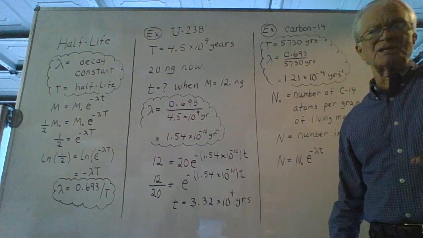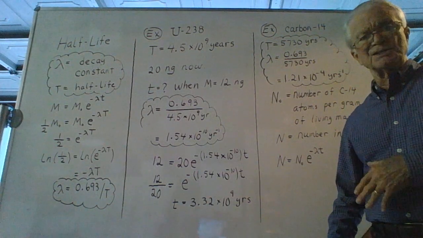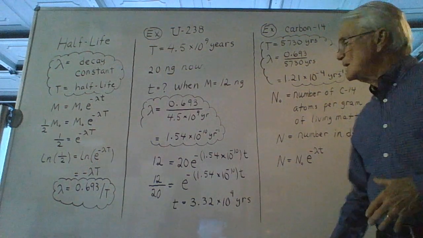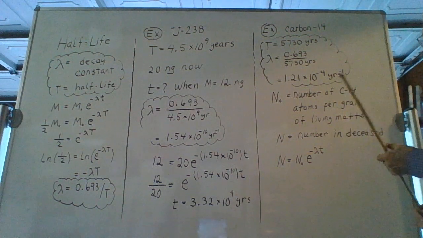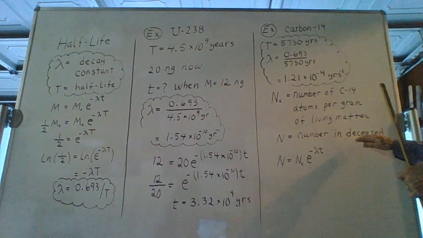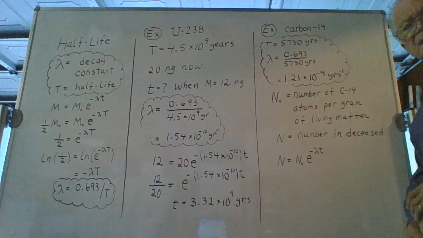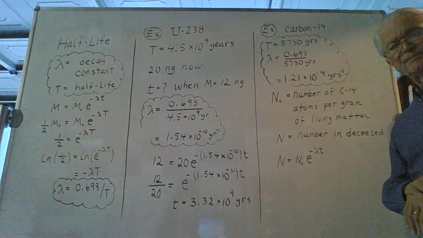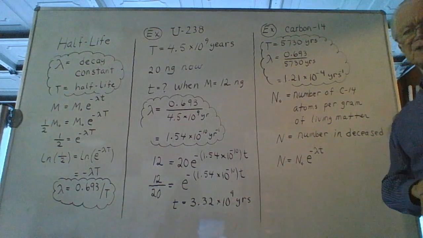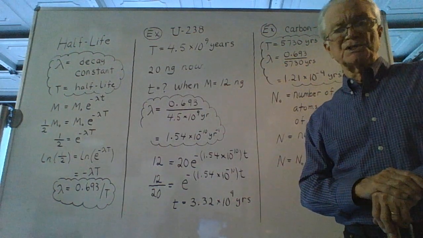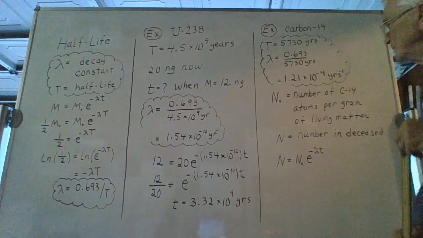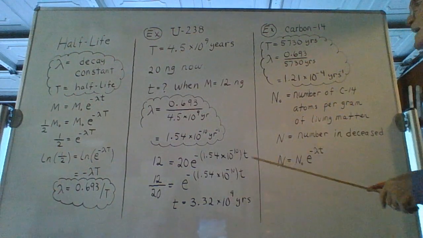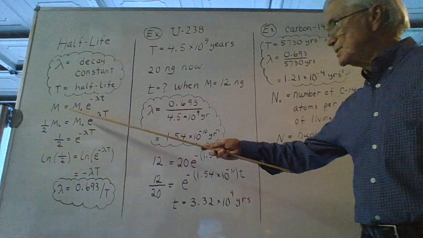In other words, it was alive, now it's dead, now let's wait and see what we have later. N, without a subscript, represents the number of atoms per gram in a deceased animal or a deceased living organism, perhaps a plant. We have the decay rate equation shown here.